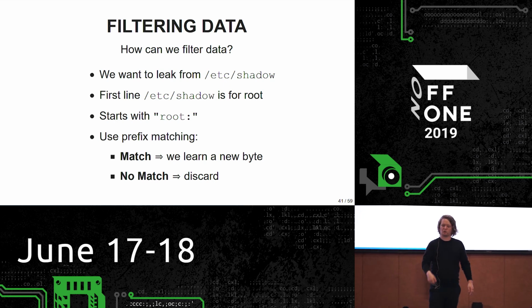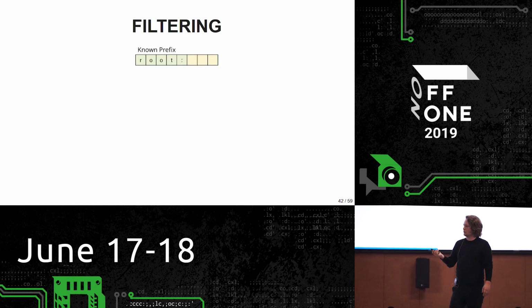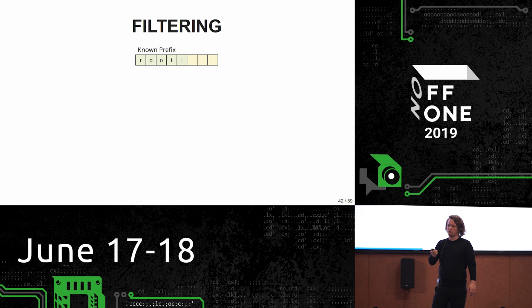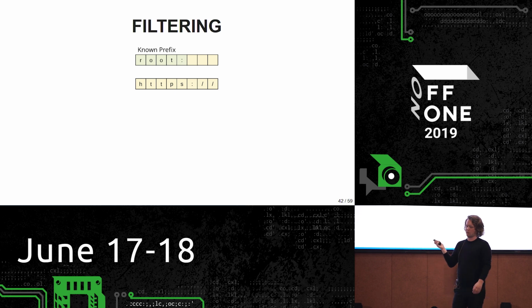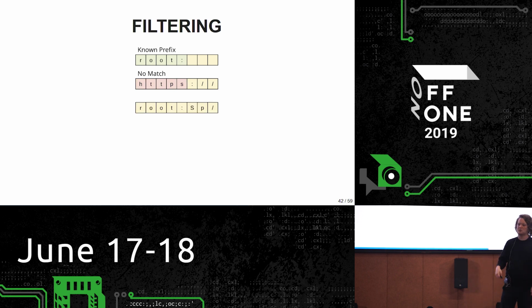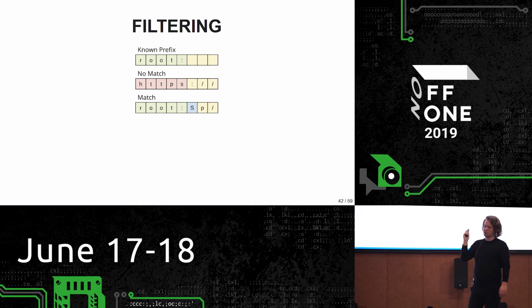Just consider samples where we actually start with this measurement. So what we do is we start saying, okay, we know that we should only leak stuff with this prefix. Then we start doing measurements. Here, for example, we get a measurement that's not consistent with our previous samples, so we discard it. Here we see, okay, the first part matches, and we have some other stuff behind that.